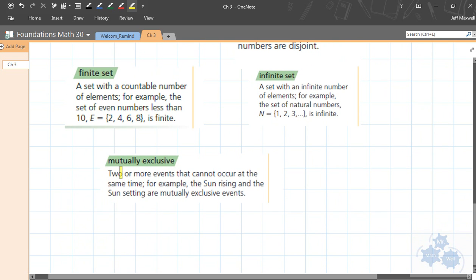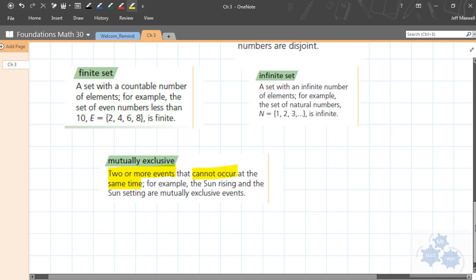So, two or more events that cannot occur at the same time. In our previous example, let's say we said selecting a cold-blooded animal and a bird. There isn't one animal that fits both of those, so those would be two separate events. They cannot occur at the same time.